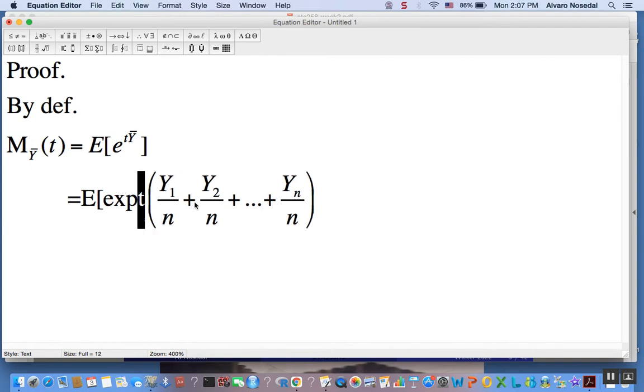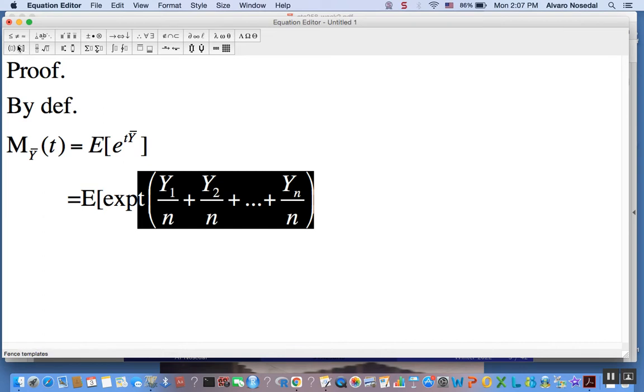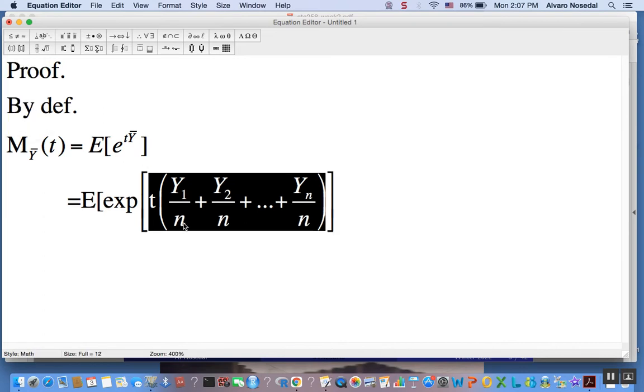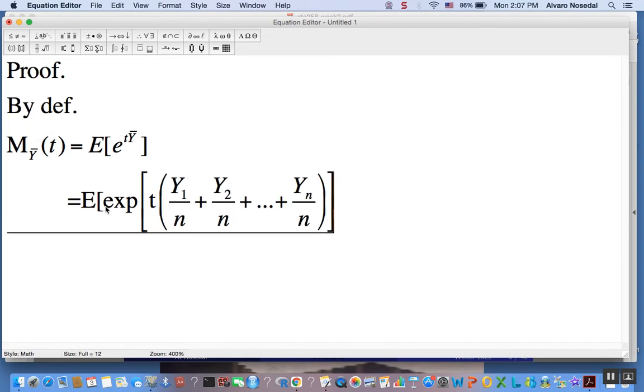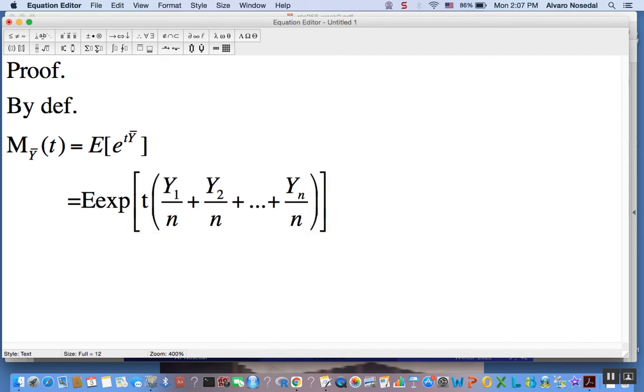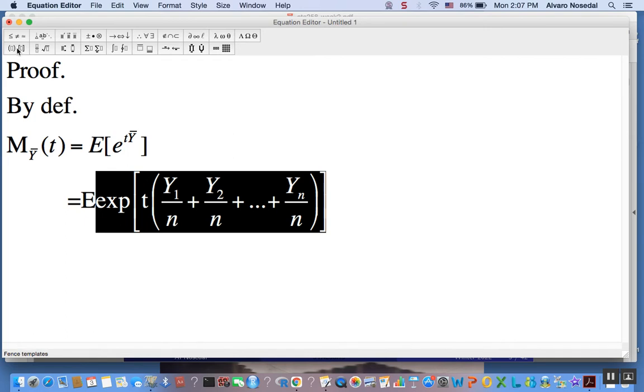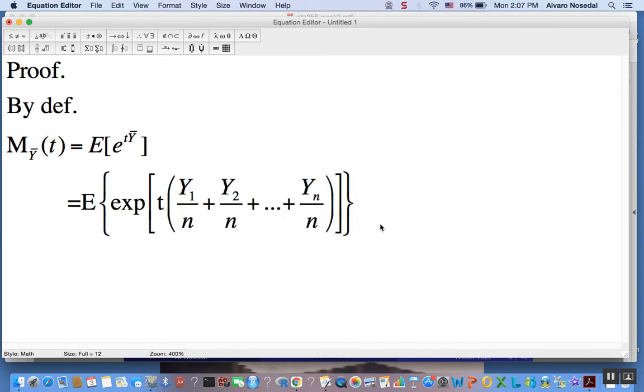Let me make it look nicer. Then here maybe curly brackets there. So the expected value of e to the t times y bar is the same as the expected value of e to the power t times the definition of y bar.